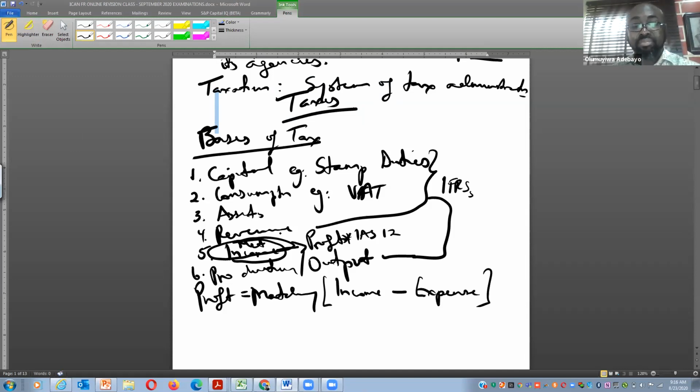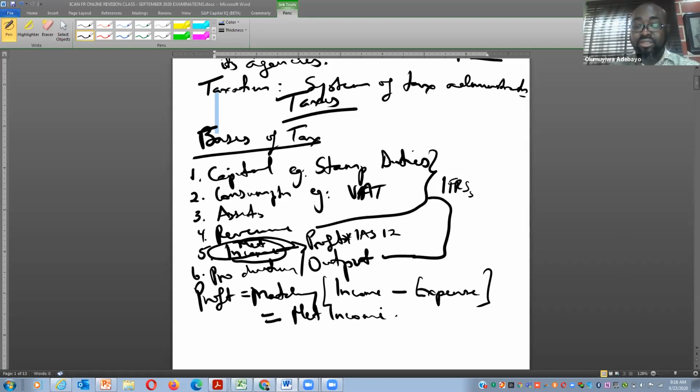What does that imply? It means profit is net income, which means any tax on income as a standalone, any tax on expense as a standalone does not constitute income tax. Likewise, any tax on revenue, asset, consumption, capital, or any other basis other than profit does not constitute income tax.